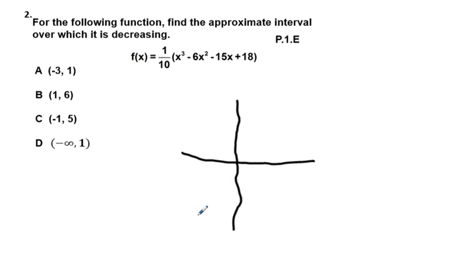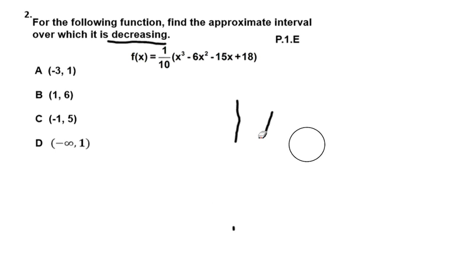But a parent cubic function goes up like this from negative infinity, going up, and then just makes a little jog here at the origin and continues up. That's basically what a parent cubic function looks like. But for it to have an interval over which the function is decreasing, we're going to have something that looks more like this.